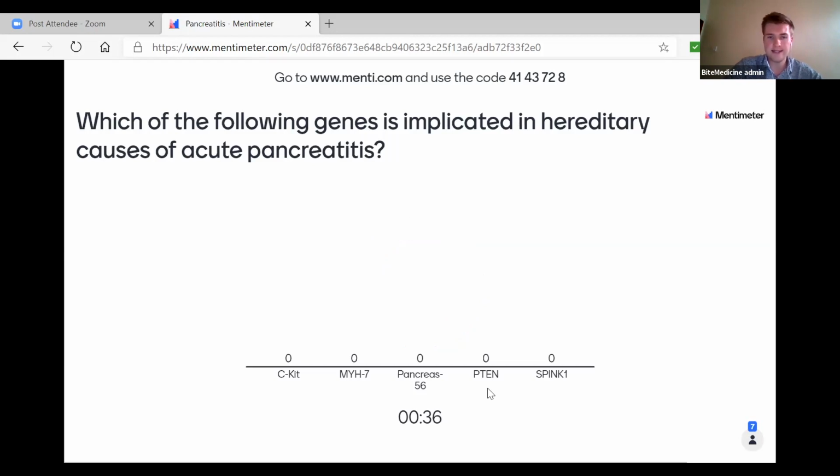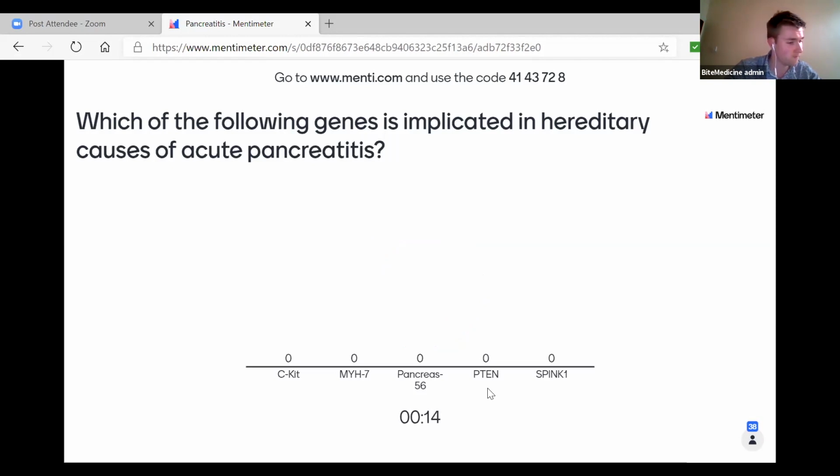Is it c-KIT, MYH7, pancreas 56, P10, or SPINK1? I can tell you at least one of these genes doesn't actually exist.